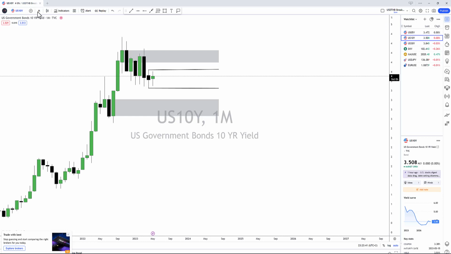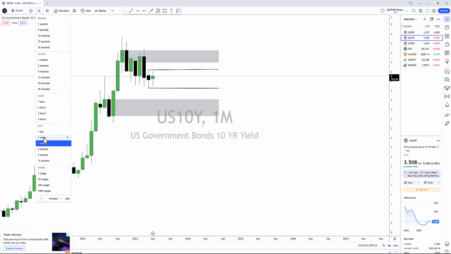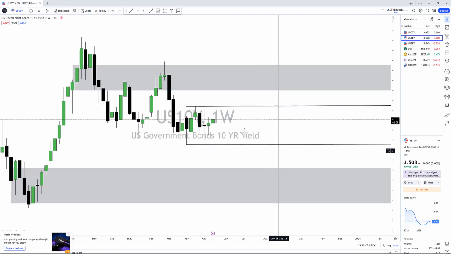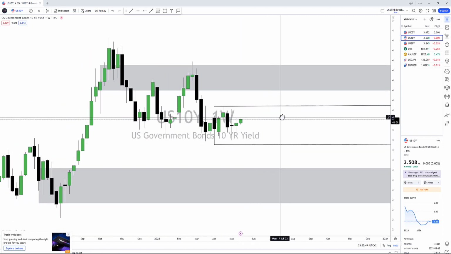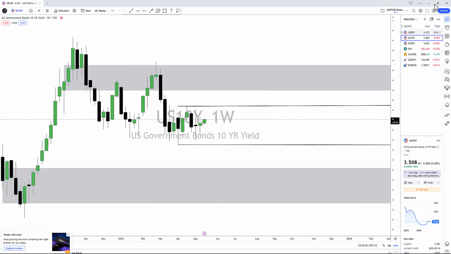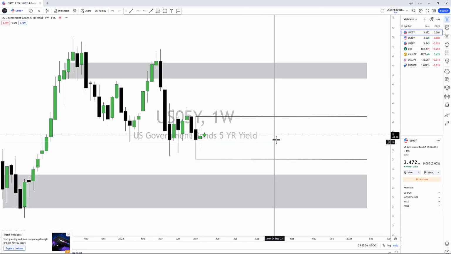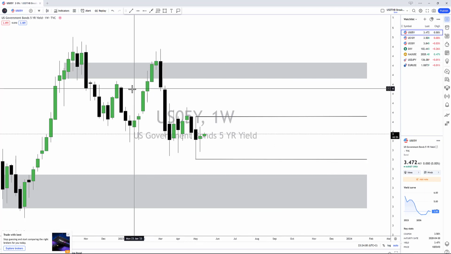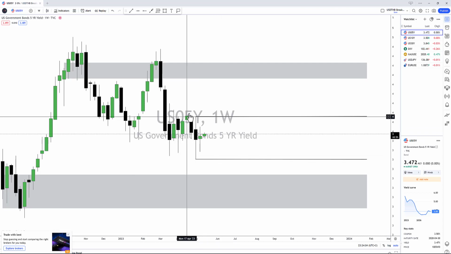So now we're going to go on to the weekly charts. Weekly charts on our interest rate triads, right? So we're going to start with the 5-year, right? Now this is the 5-year yield weekly chart, right?